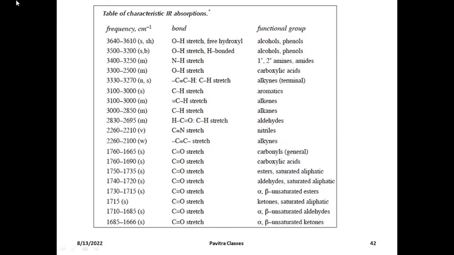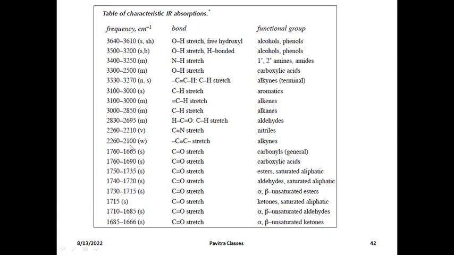All the bonds give peaks in this region. You can see these regions for each particular functional group. OH 3640 to 3610. Carbonyl group stretching, carboxylic acid stretching, ester stretching, like this. For the carbonyl stretch, whether it is a carbonyl group, carboxylic acid group, ester group or aldehyde group, the ranges vary with slight variation.